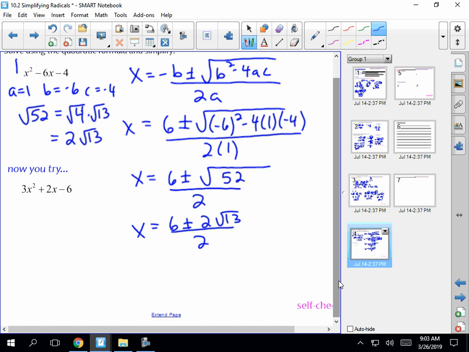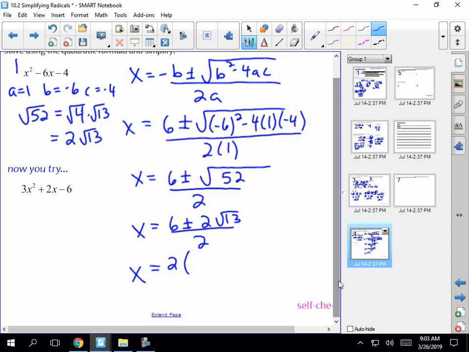Can you tell me what the greatest common factor of 6 and 2 root 13 would be? In other words, what's a number that goes into both 6 and 2? 2. So I can pull out a 2.